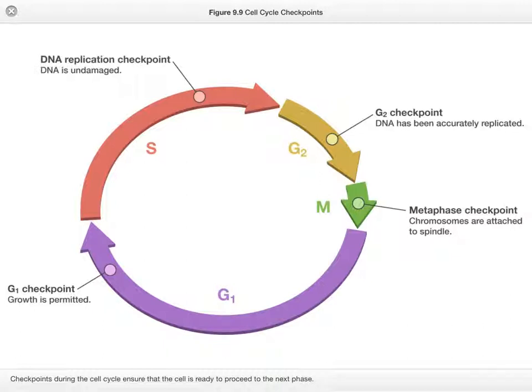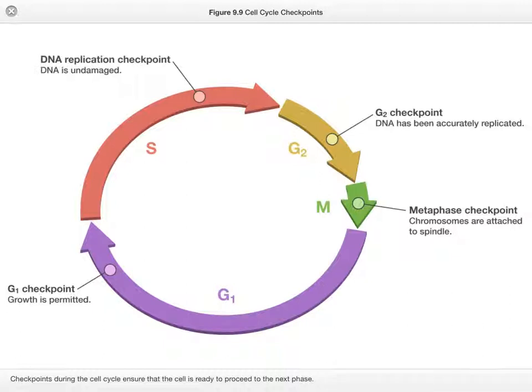Because that's all a tumor is, a cell that just divides and divides and divides. And since it divides, every cell that it makes divides. So you go from 1 sick cell to 2, from 2 to 4, 4 to 8, 8 to 16, and it grows exponentially, right? That's a tumor. So there has to be a way to prevent that from happening.